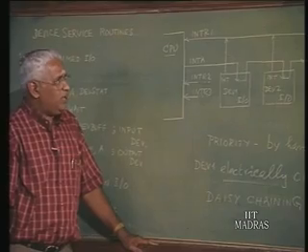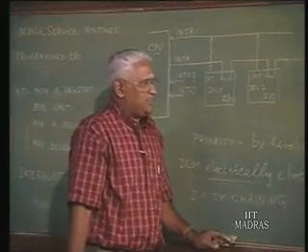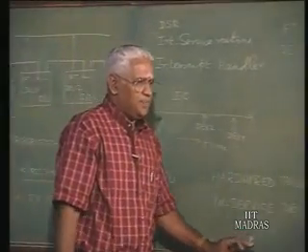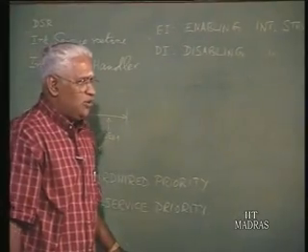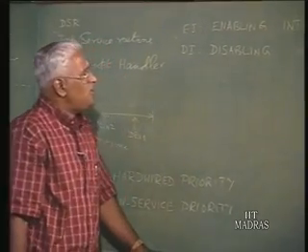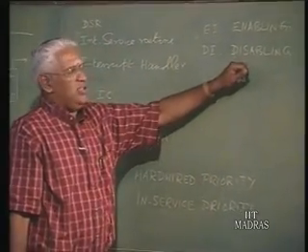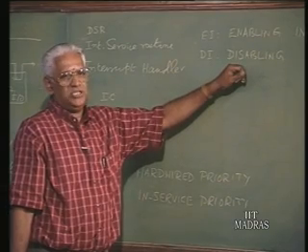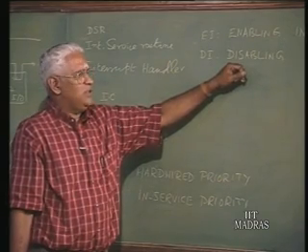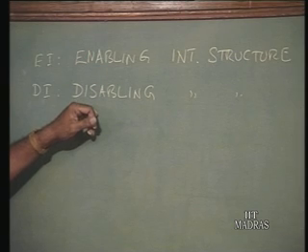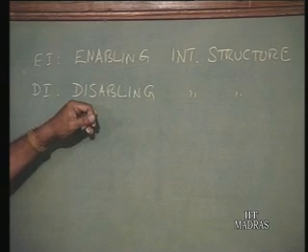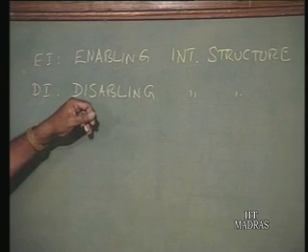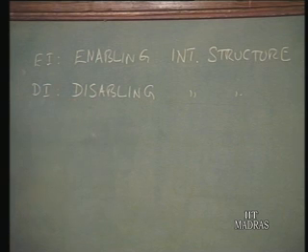Good. And earlier I had also said that it is meaningful not to disable some aspect of the interrupt structure. Why? There may be some crucial inputs which you should never disable. For instance, power failure.